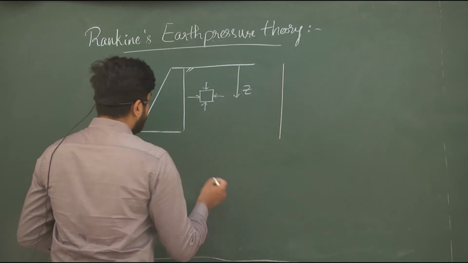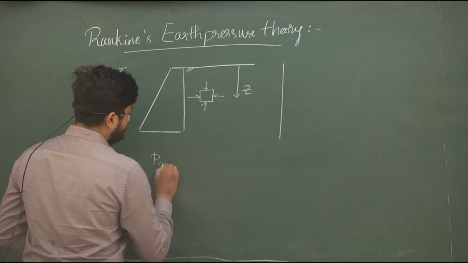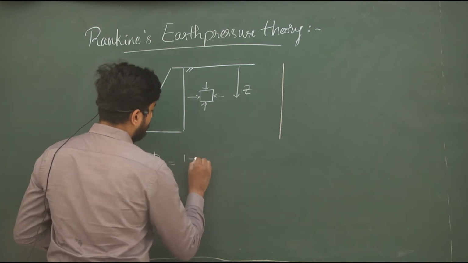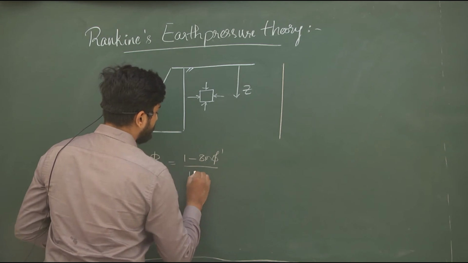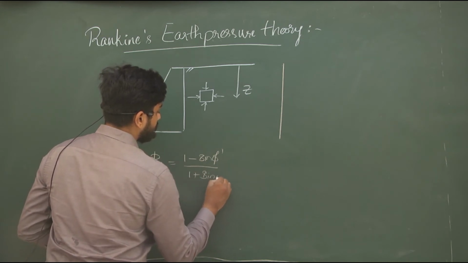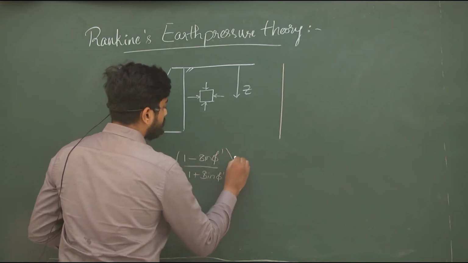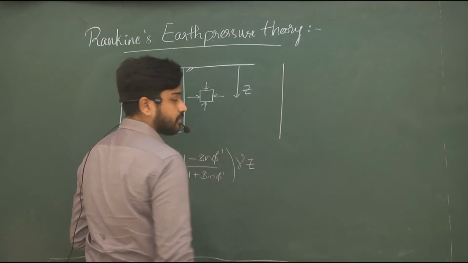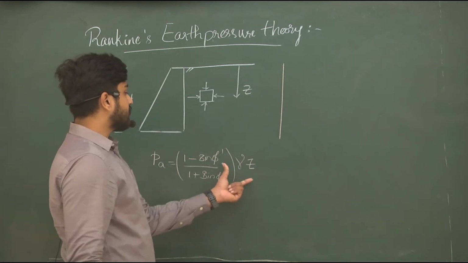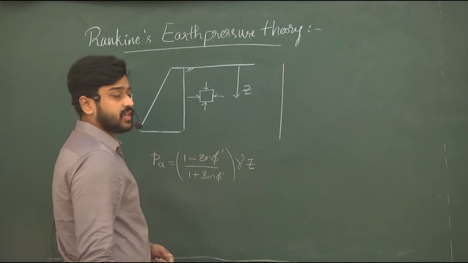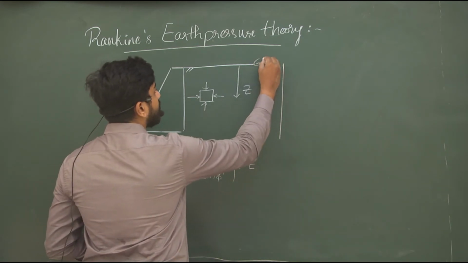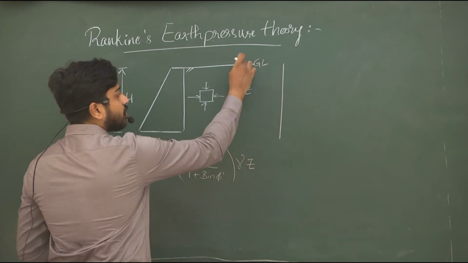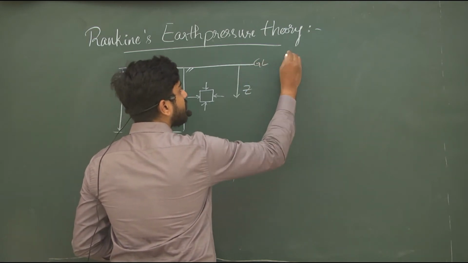Since I know that PA is equal to 1 minus sin phi dash by 1 plus sin phi dash into gamma into z, when z is 0 in this particular case, this entire term will be 0.